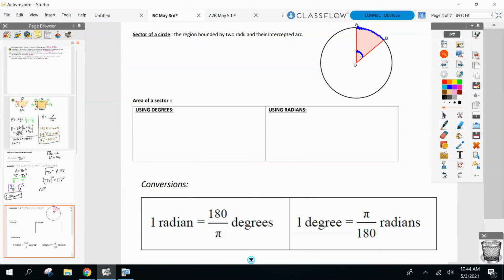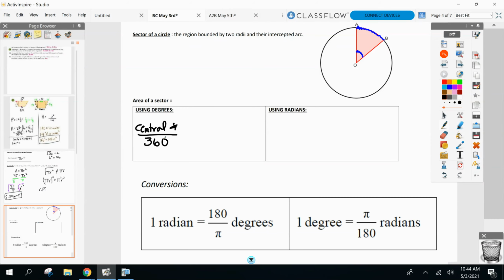If you're in degrees, I'm going to use this formula, and half of it is going to look familiar. Your central angle over 360.